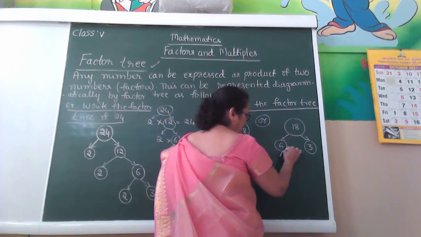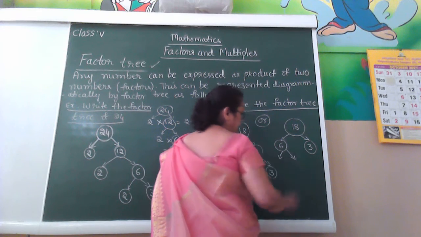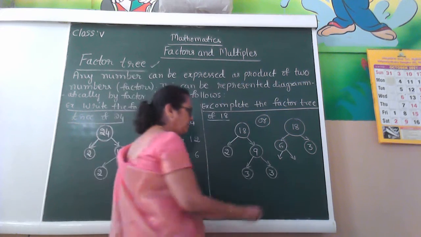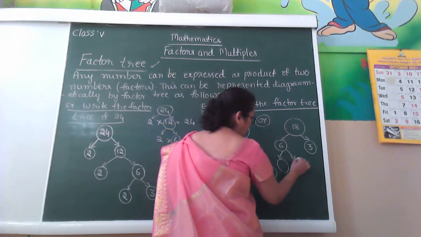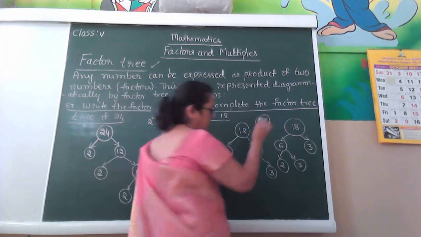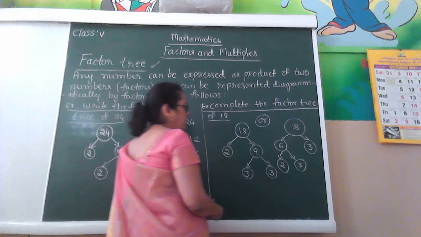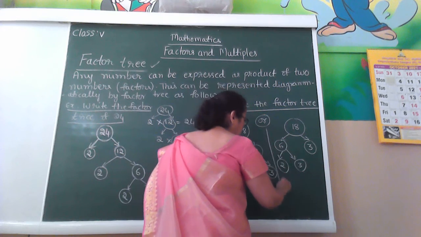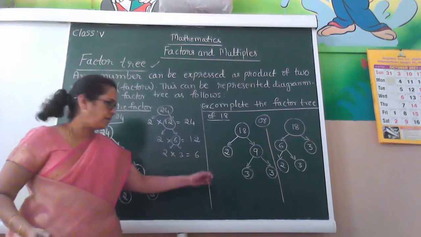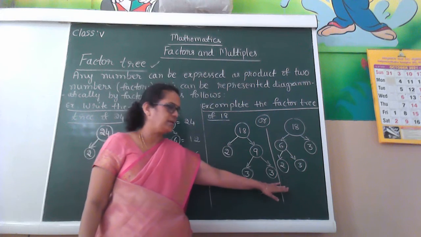Now you multiply this 6 by two numbers, that is 2 3s are 6. See, you can write the factor tree either like this or like this.